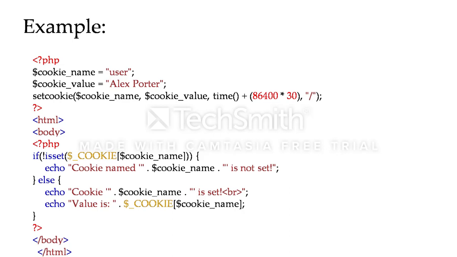For 30 days we have to give 86,400 seconds multiplied by 30 days. I already told you that the expiry parameter takes time in seconds. Then the path as a forward slash. Here you can see the name will change. In the previous example, the value was John Doe.